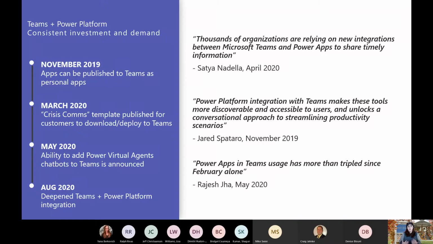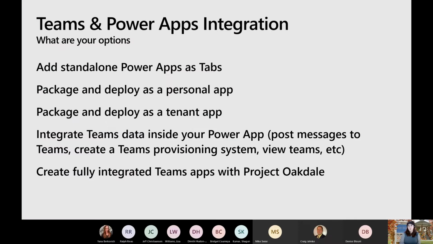So that really sparked all of this increased activity in the integration aspect of Teams and the Power Platform. Fast forward to May 2020, that's when we added the ability for Power Virtual Agents chatbots to be used in Teams. And then August is when some new functionality was announced with deeper integration with Power Apps in the context of Teams.